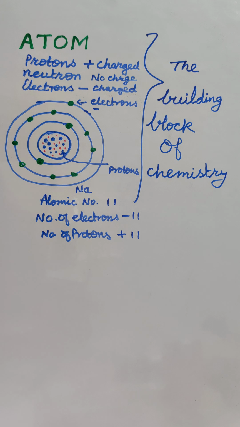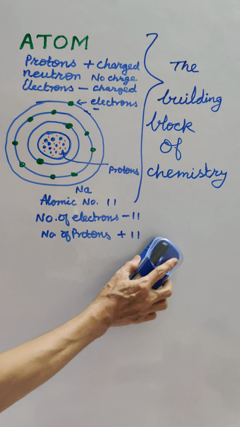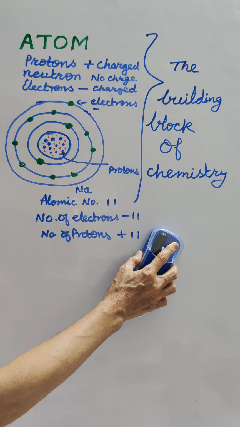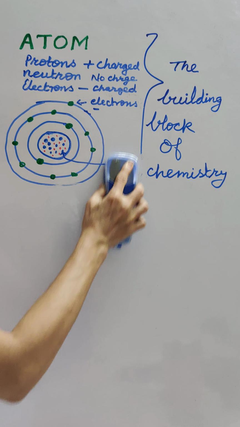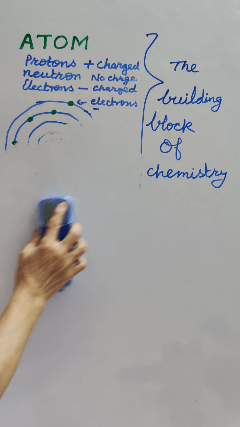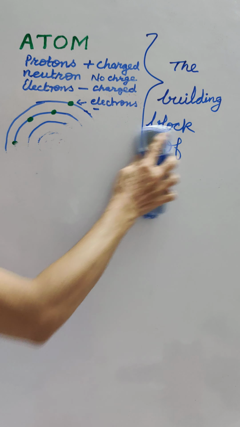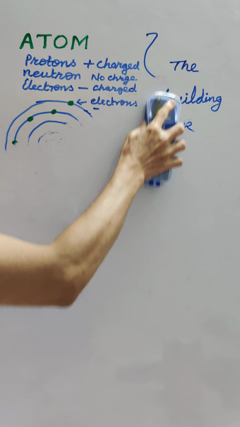When two atoms join together, they form a molecule. I am taking another example of a small atom, which is hydrogen.